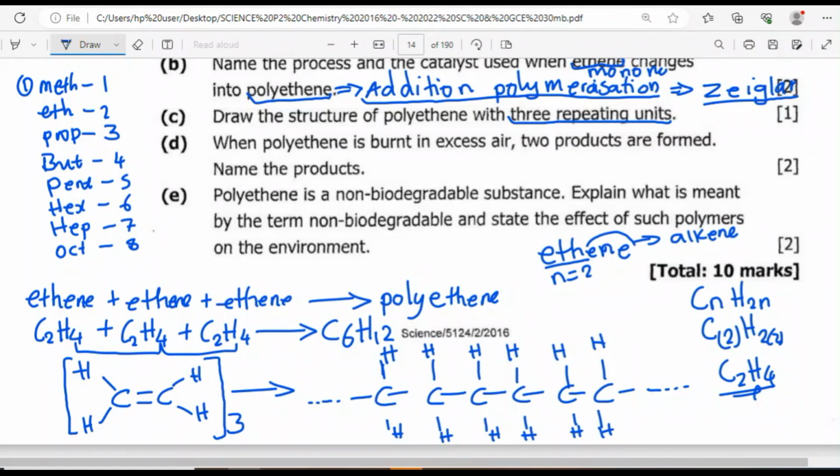Then let's look at D. When polyethylene is burnt in excess air, 2 products are formed. Name the products. Whenever we burn something in excess air, we are going to have what we call complete combustion. And whenever we have complete combustion, the products will always be water and carbon dioxide.